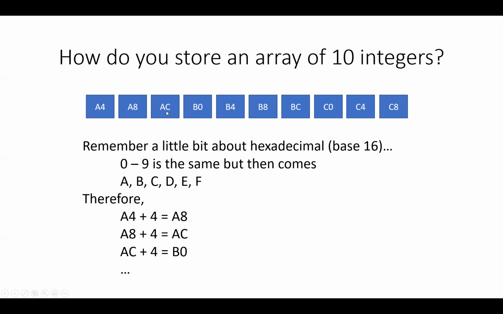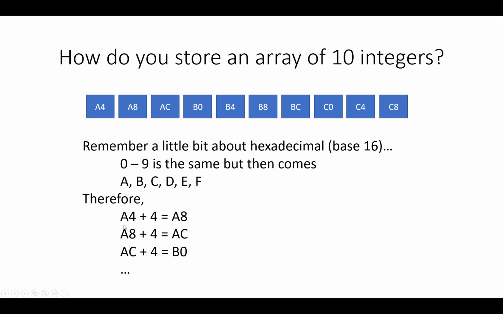Likewise, if you continue on here, you'll see that each one of these increments by 4. So what we've got here is a sequence of boxes, or a sequence of memory locations, associated with the storage of integers in an array. And just a little bit of a side note here, remember that with hexadecimal, which is base 16, in addition to values 0 through 9, you're going to have A, B, C, D, E, and F.